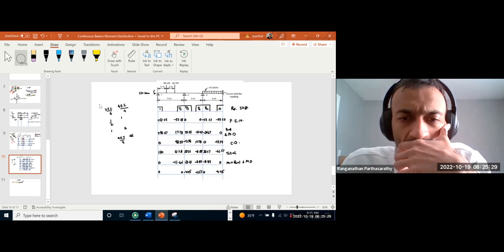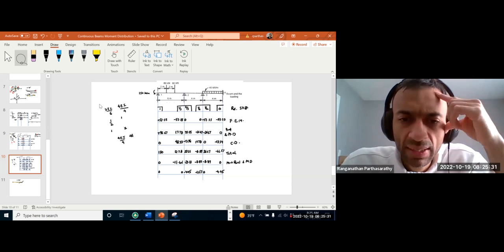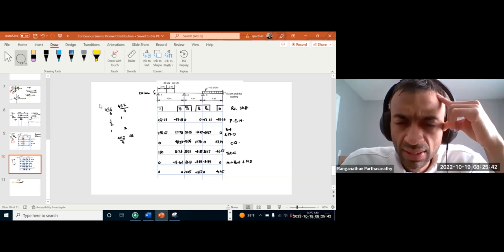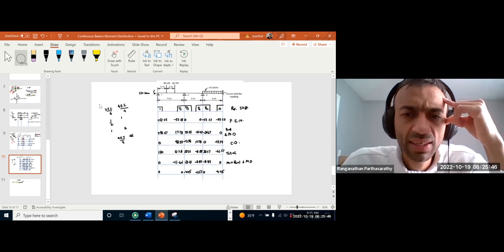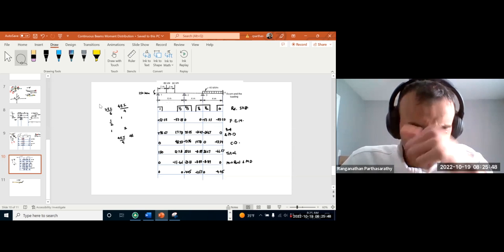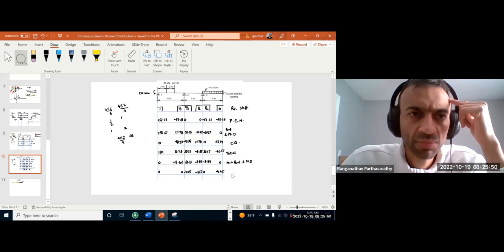Then this is 0, so nothing transfers. Then this negative 23.33, half of it is carried over. Negative 8.89, half is carried over. This negative 8.89, half is carried over, 0, nothing, right? This is the carryover step.